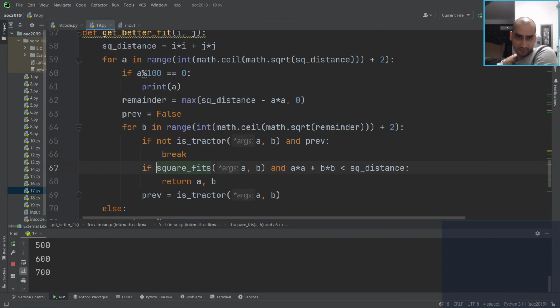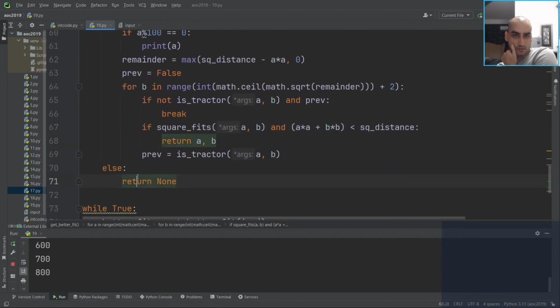If square fits a, b, and a times a is strictly less than the square distance, return a, b, else return none.